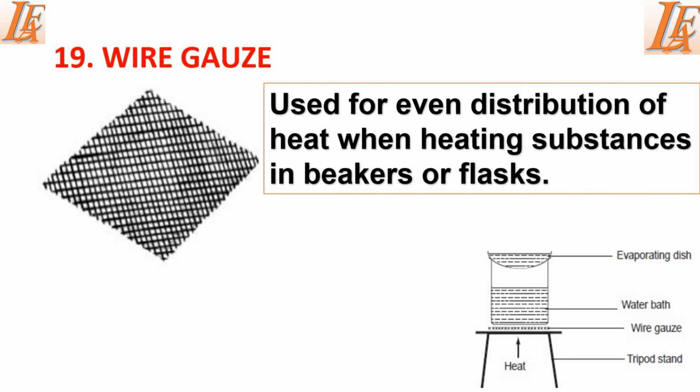Another important thing that you have to note is that this wire gauze is placed between the tripod stand and the container that you want to heat substances in. The reason why it's placed in between is that it can distribute heat on a wide area of the container so as to avoid the container from cracking.